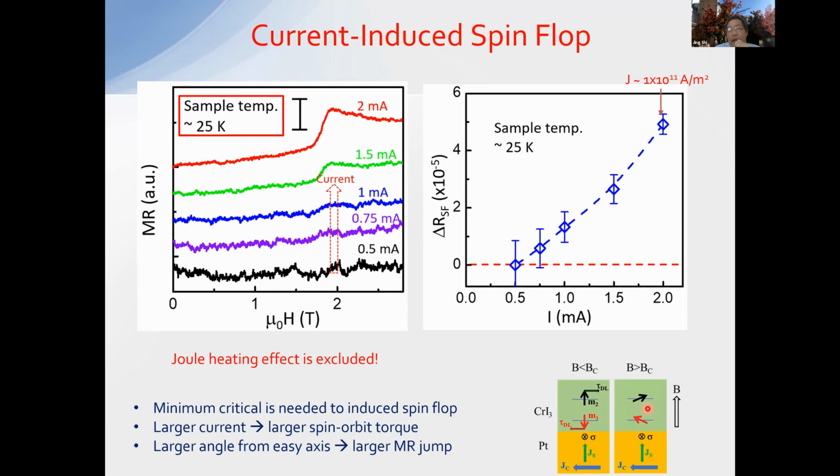We don't have a quantitative analysis. It's somewhat like a reduction of the anisotropy due to the spin orbital torque. Relatively speaking, you have a lower anisotropy so that we can trigger the spin flop transition due to the competition between exchange and anisotropy.